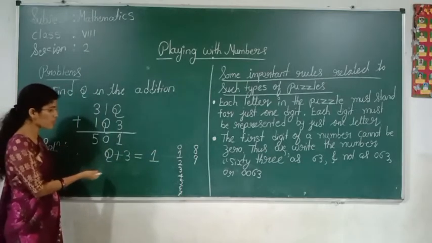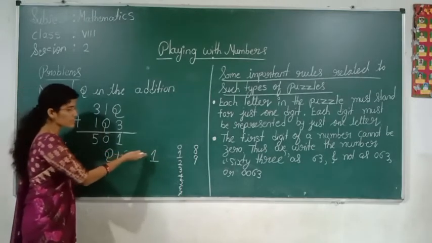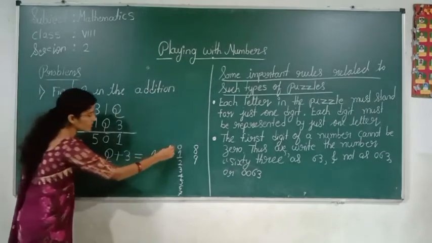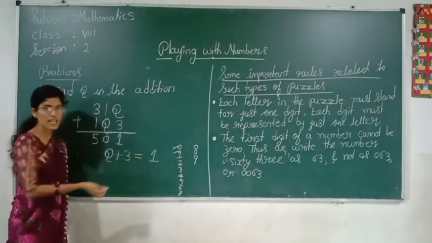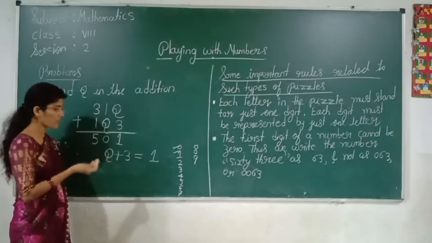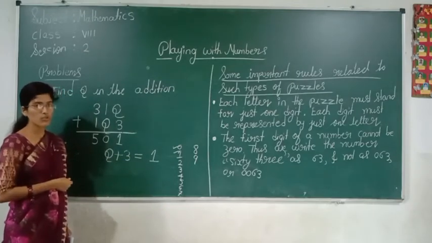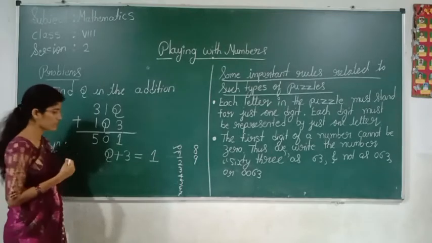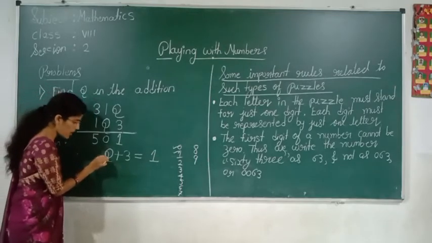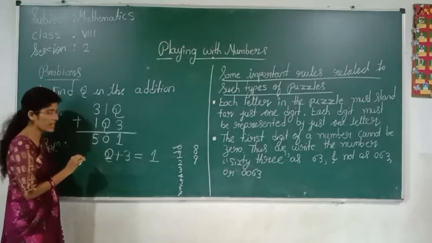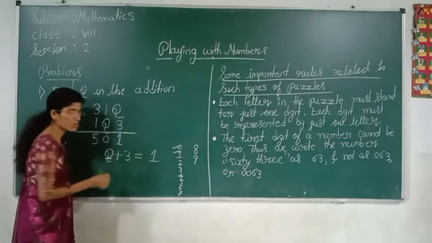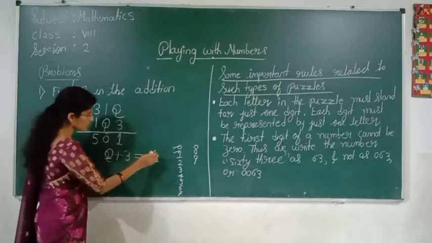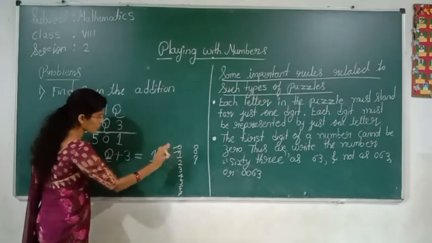0 plus 3 is 3. The value goes on increasing. Take 1: 1 plus 3 is 4. Our value is increasing, so we substitute q in such a way that the ones place should be 1. 1 plus 3 is 4, this is not working.